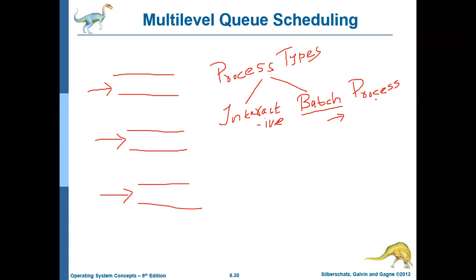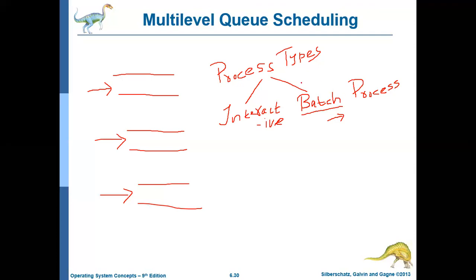After that time, the user will come and check the result, but it does not need any interaction in between. So these processes do not require a very low response time. They can respond slowly, but the interactive process should respond fast, whereas the batch process can respond slowly.